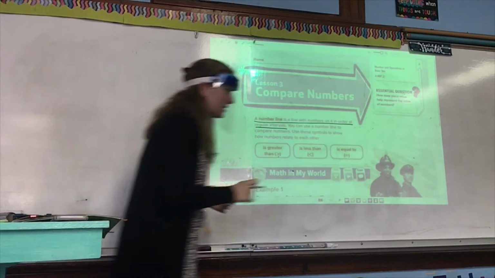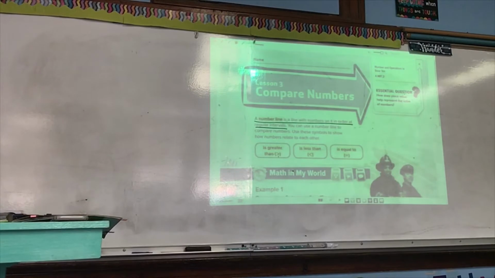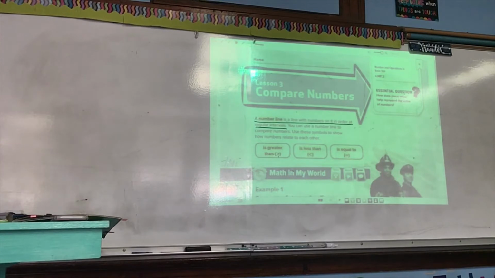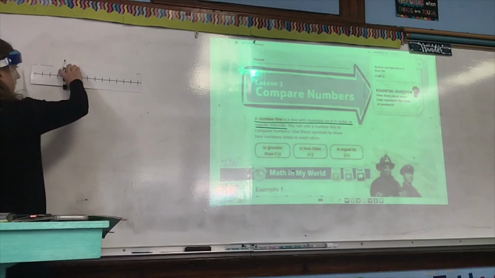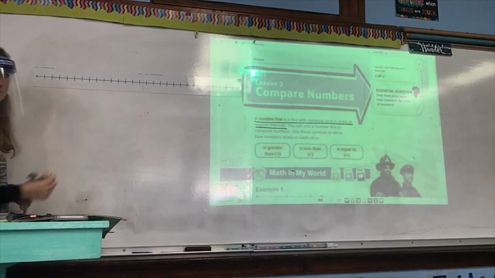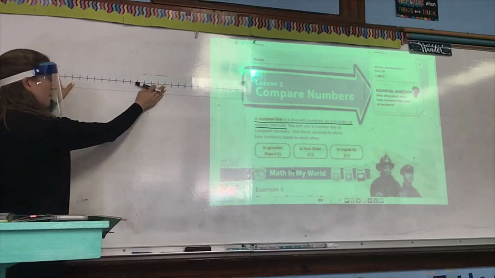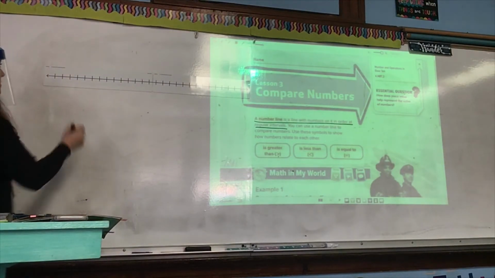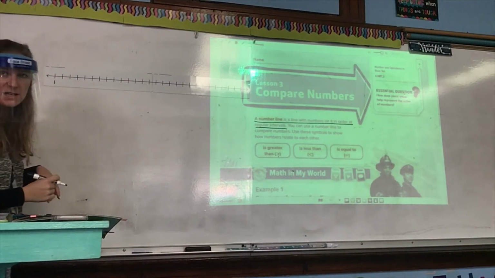So, a number line is something that looks like this. Girls at home, can you see this?